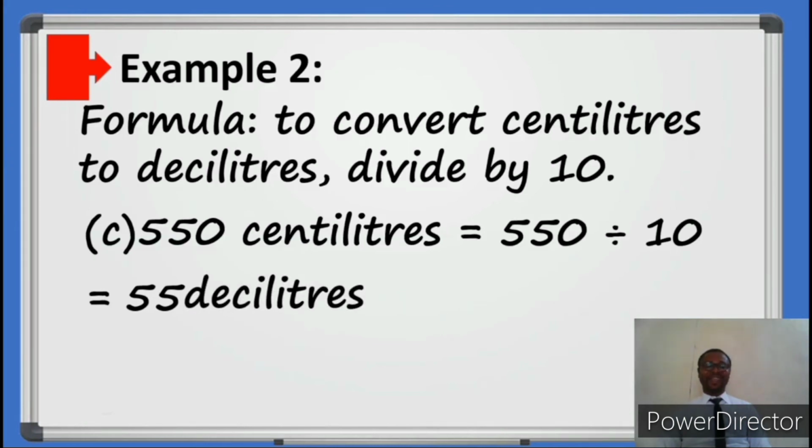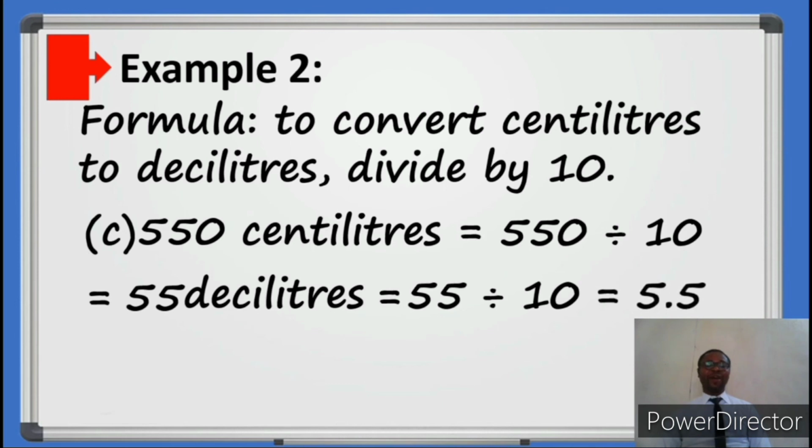Now we are still going to divide this 55 deciliters by 10 to get our liters, because to convert deciliters to liters, you divide by 10. So 55 divided by 10 is equal to 5.5.